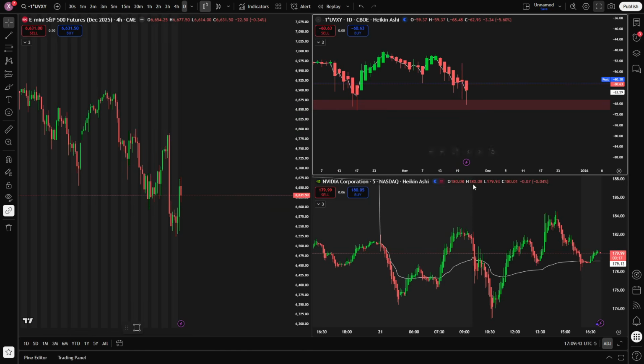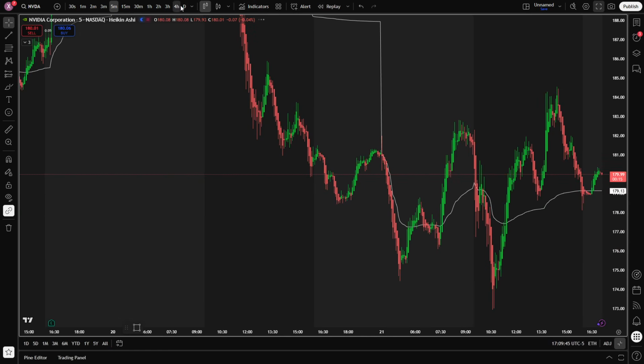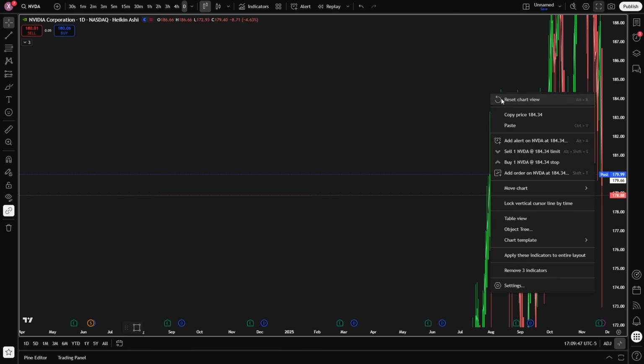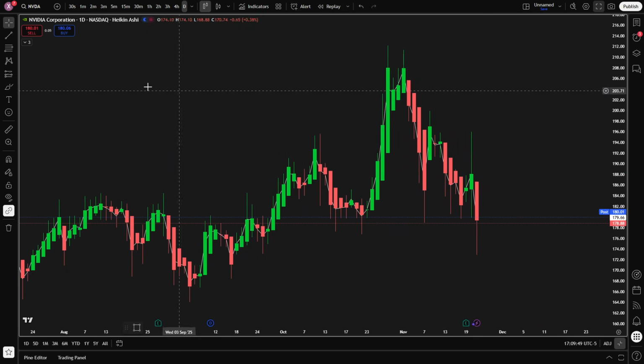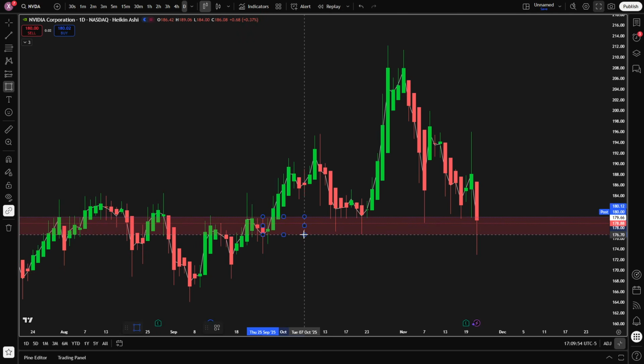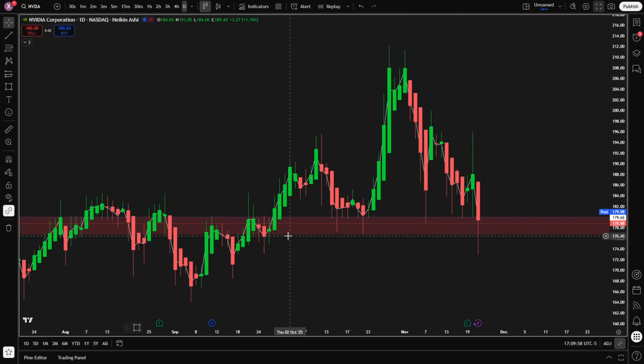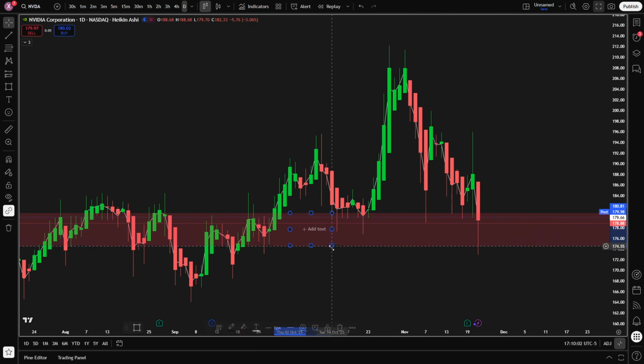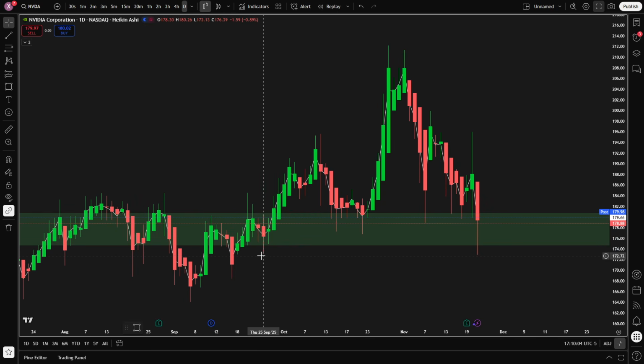Now Nvidia, what I saw on Nvidia, we go down to the daily chart. Nvidia is at a very key level here. Here, another key level. I want you to watch all the wicks since, again, September. If I mark this entire range here, this entire range was buy interest since September.